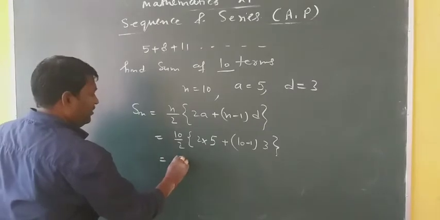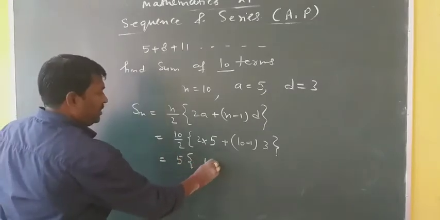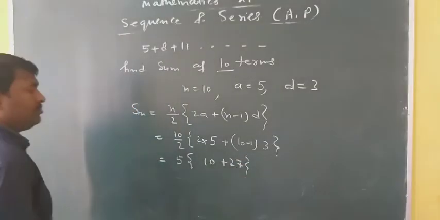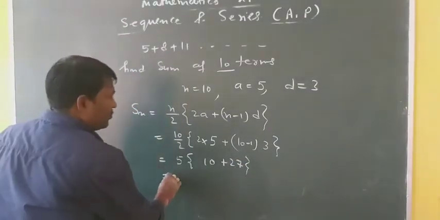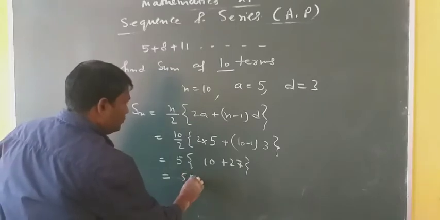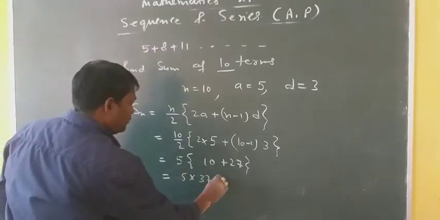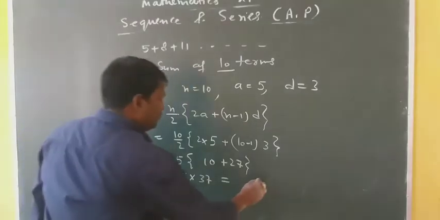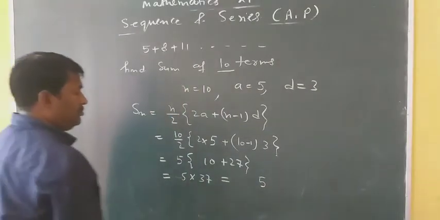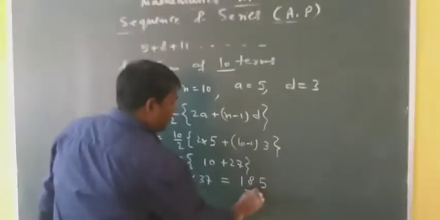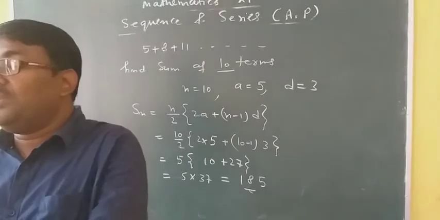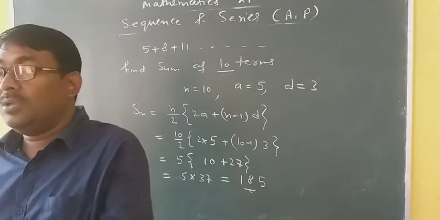So applying 5, here 10 plus 27. Here 37, 5 into 37. This implies that 185. Your answer should be 185.